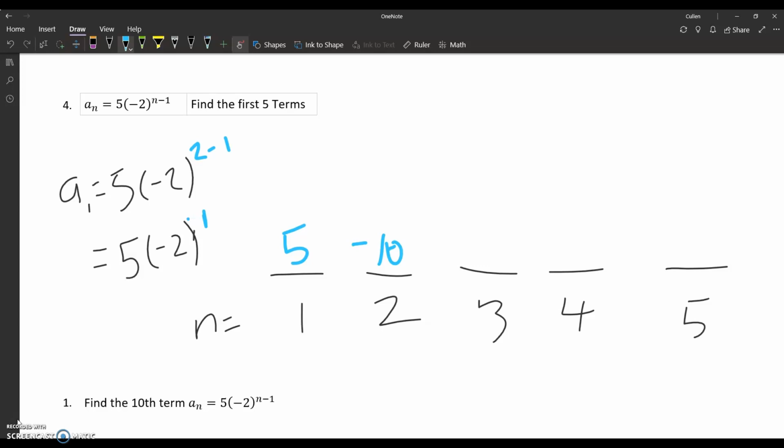Or, knowing what your common ratio is, and you can tell that just from your formula, it's right here. It's -2. And you know your first term is going to be 5 based on the formula. So to find the next term, you can just multiply by the common ratio.